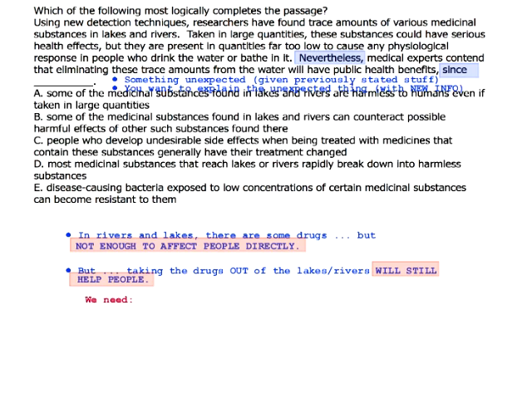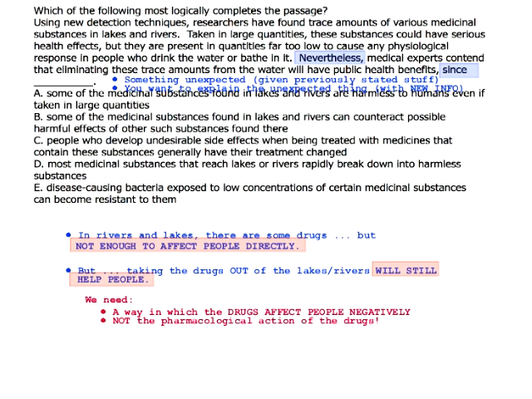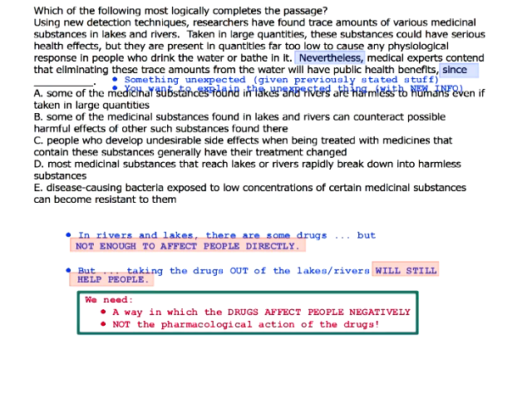We need a way in which the drugs affect people negatively, but it cannot be the actual pharmacological action of the drugs themselves, because they don't have it. There's not enough of the drug there to actually affect people. So the drugs have to be harming people in some other way. That's a standard. We can take that to the choices.